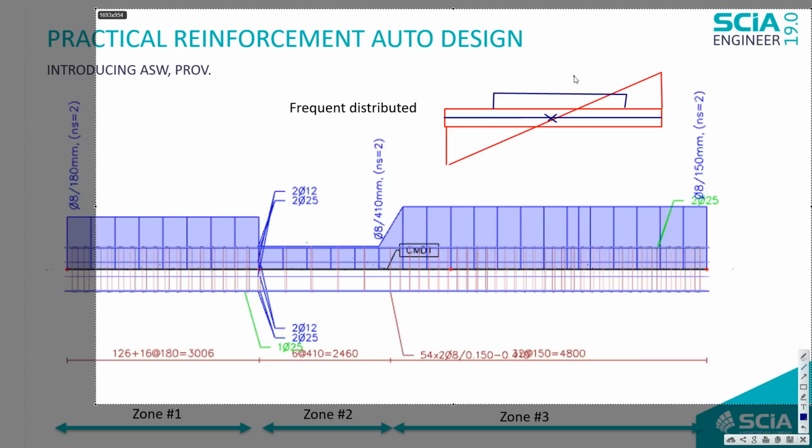So in fact, SCIA calculated the first zone, which is zone number 2, based on AS minimum. And then from this point to that point, SCIA will check the most critical value, normally this one, and SCIA will apply this value here, and then the same from here. So this is the way the most frequent distribution is calculated.